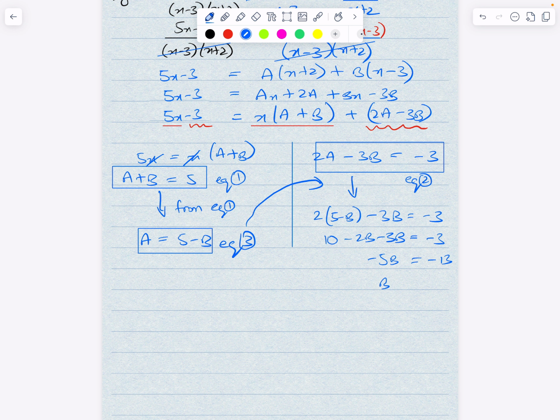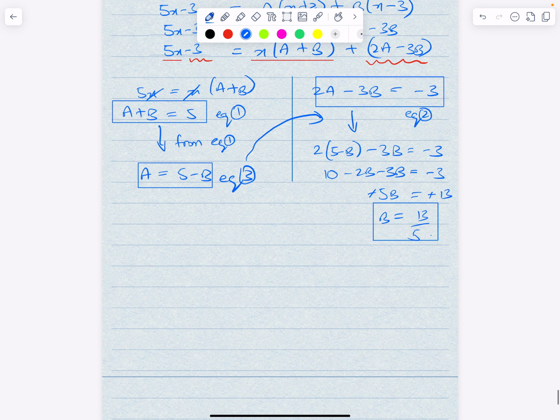And minuses cancel out, thus I have B as 13 over 5. And I'll substitute it back into equation 3 to find A. So I have 5 minus 13 over 5, and A turns out to be my friend 12 over 5.